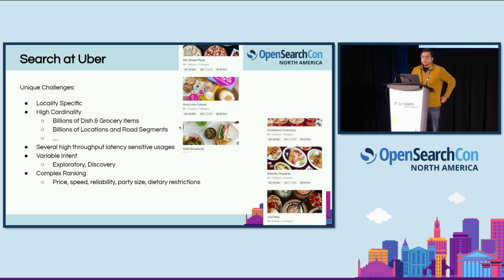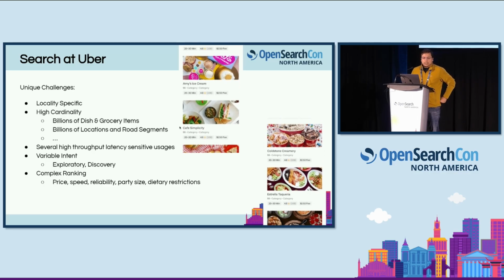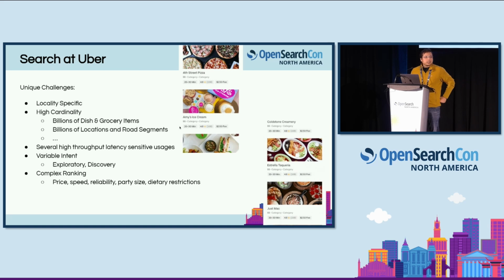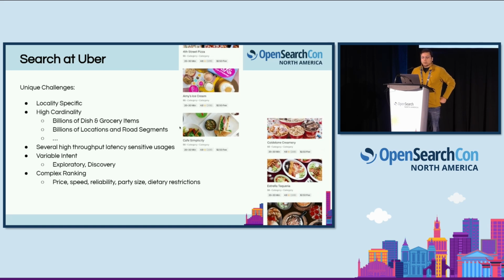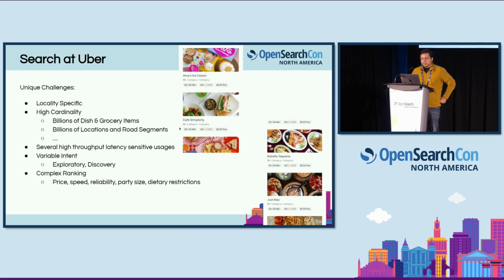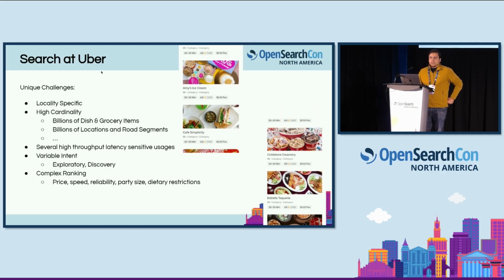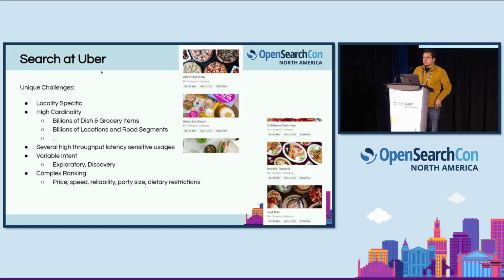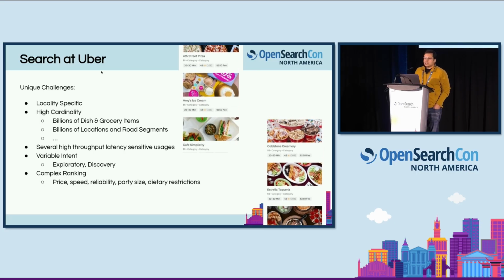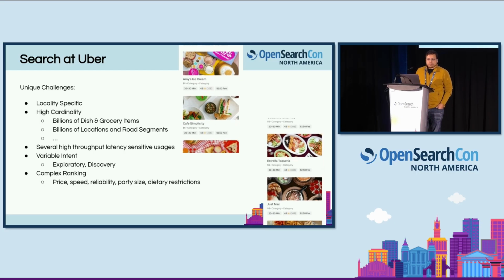Before we deep dive into the search use cases at Uber, I want to start with talking about some of the unique challenges that we see. Number one is that we are very locality specific, which means our searches are very locality specific. We also have a lot of data. We have billions of items and billions of road segments to search from.